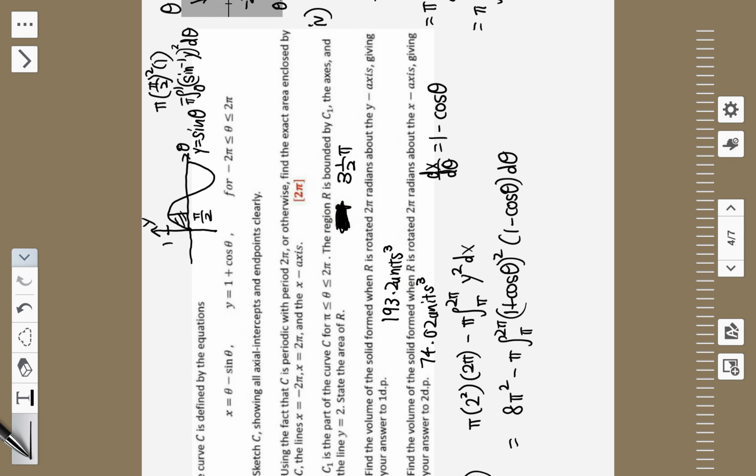Okay, what method could we use to solve this question?